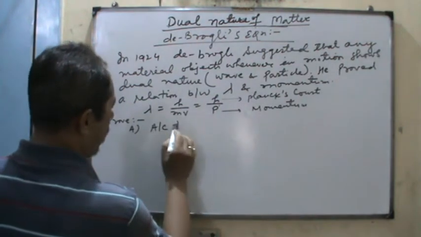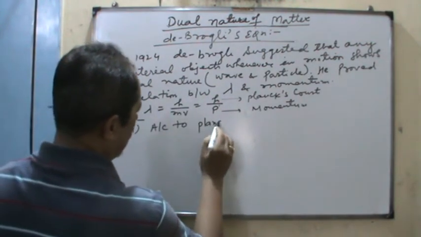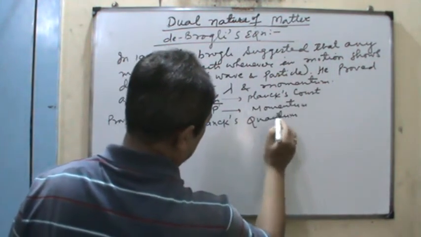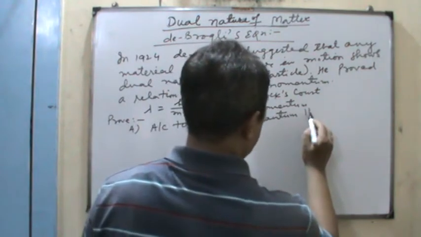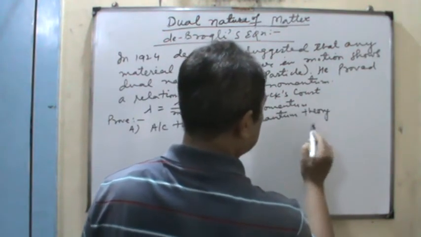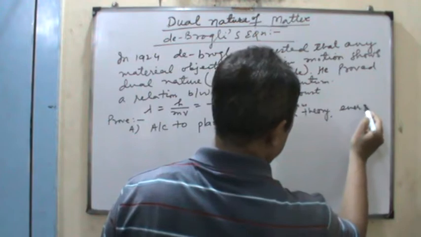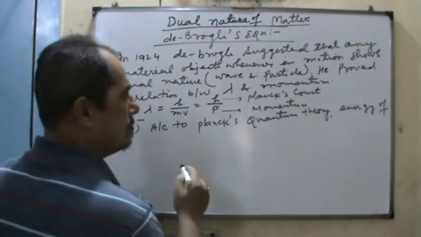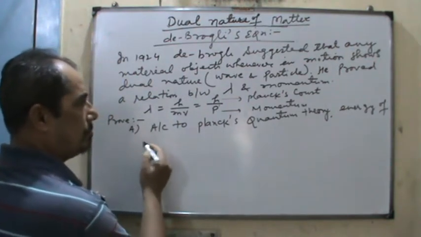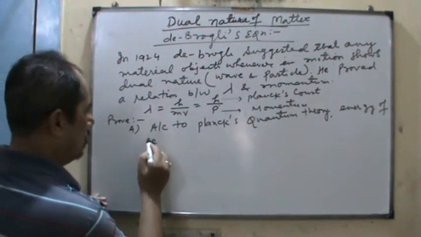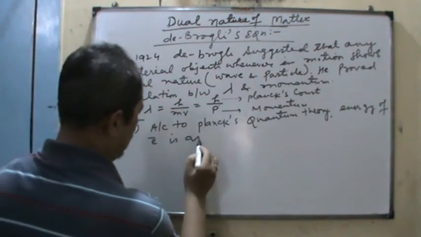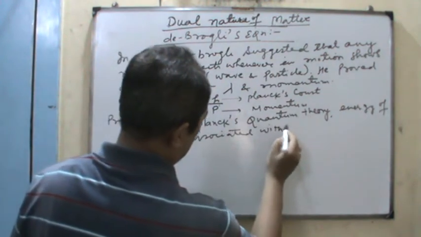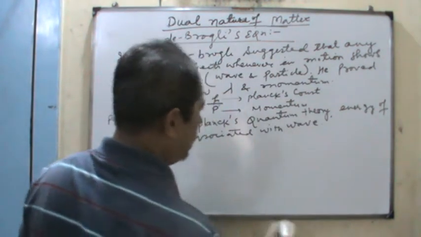According to Planck's quantum theory, the energy of an electron is associated with a wave.